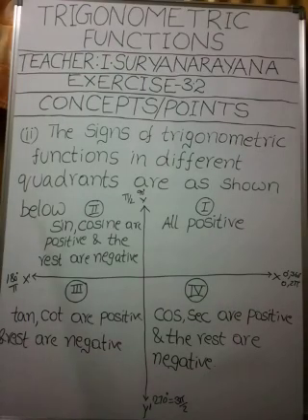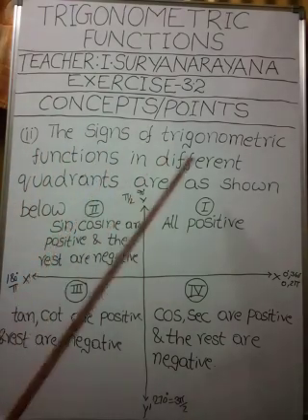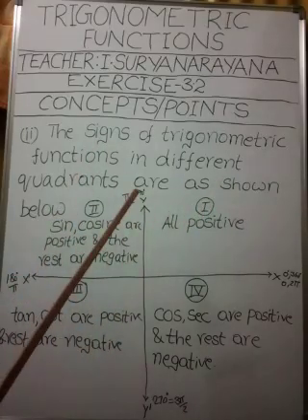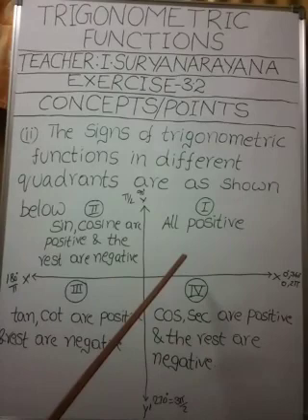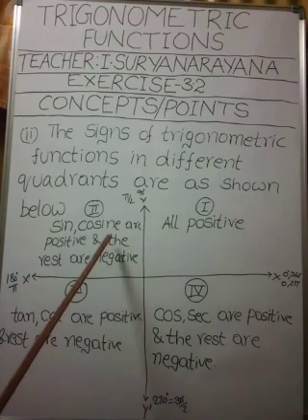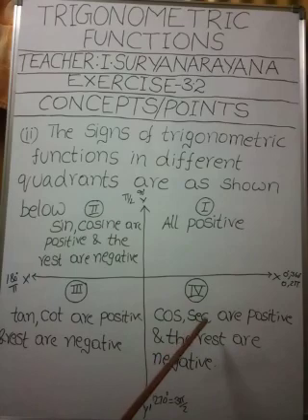Now come to the second point, the signs of trigonometric functions in different quadrants, as shown below. If the angle is in the first quadrant, then what is the trigonometric function's sign of that angle? Similarly the sign in the second quadrant, third quadrant, and the fourth quadrant.